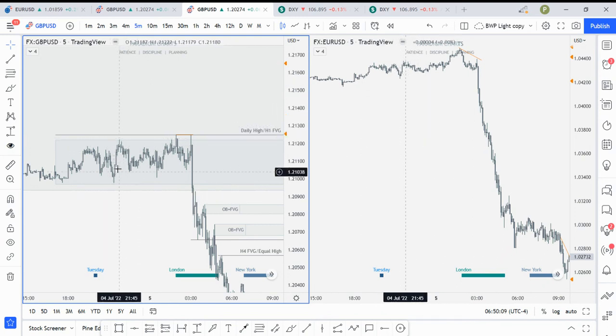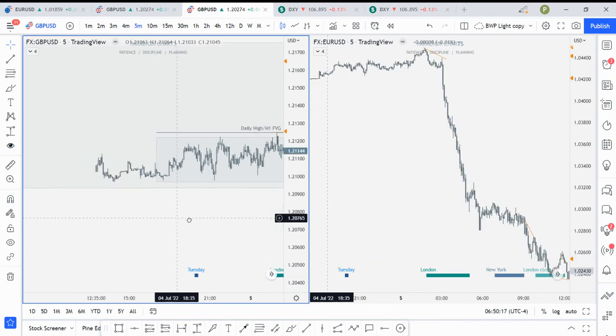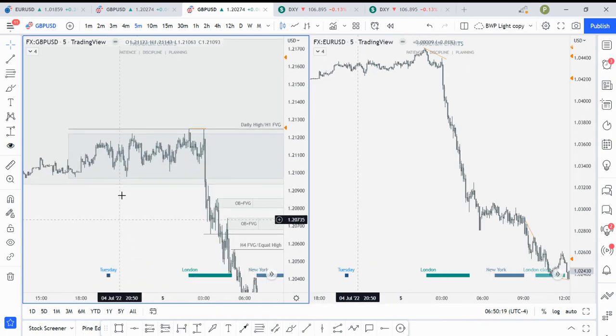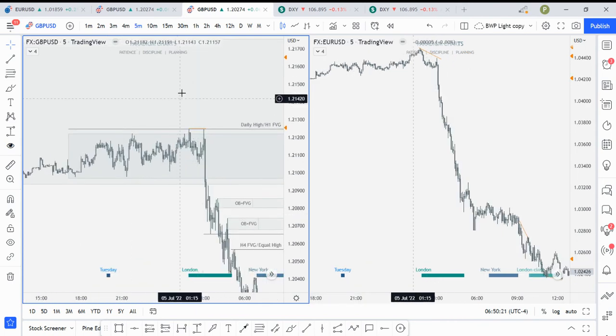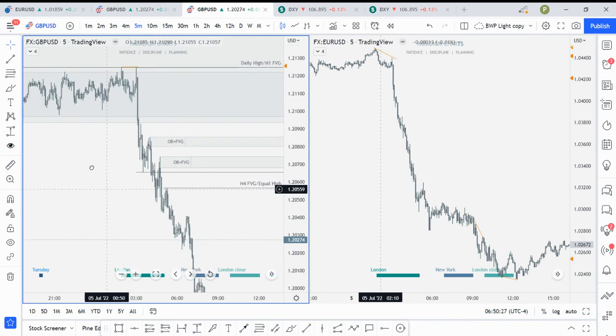Once you mark it out, if you're expecting that price should be bearish, you want to see price rally up. That's when you want to sell, and you wait for the drop to happen all through the day.